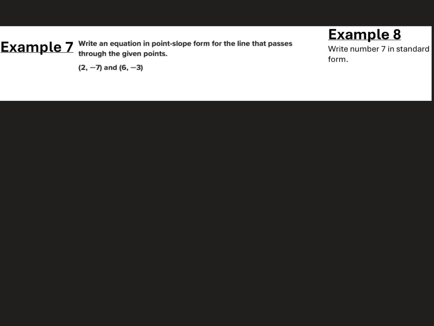Write an equation in point-slope form for the line that passes through the given points. Okay, we have to have the slope. So I've got to find my slope. y2 minus y1 divided by x2 minus x1. So I get 1.